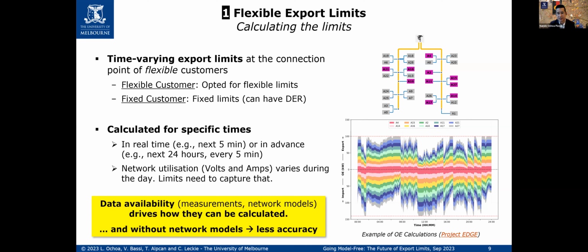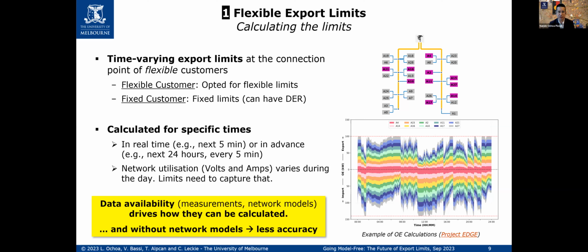Or if you do it in advance, you will need forecasts as well, which of course brings more challenges. You need to consider the voltages at the customer connection points, what would happen if these exports are higher and higher. And you need to also consider the effects on the corresponding assets, the conductors and the transformers, because all of this varies throughout the day.